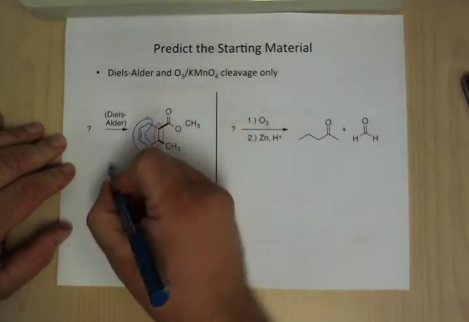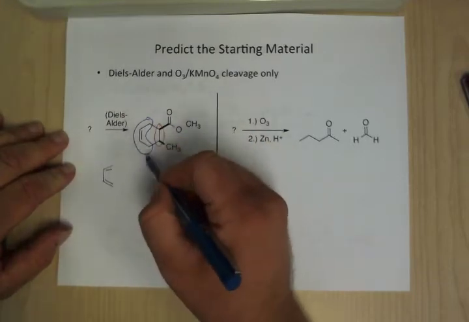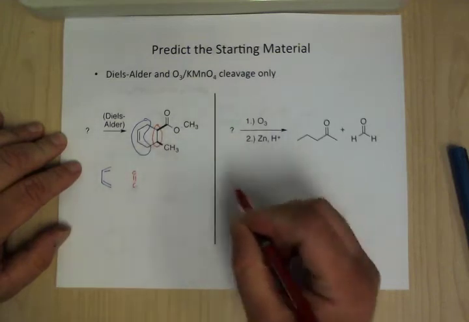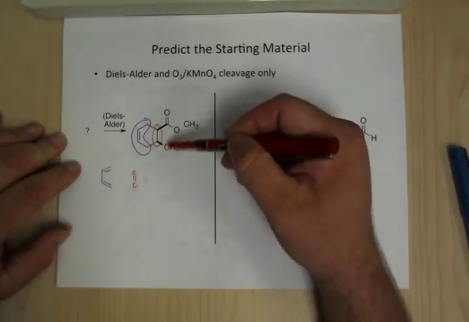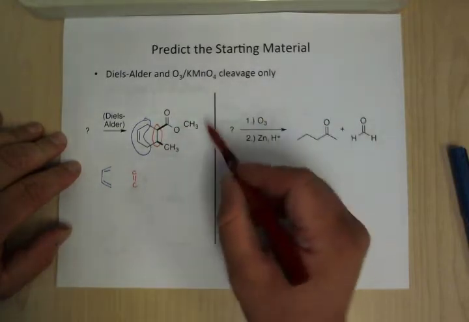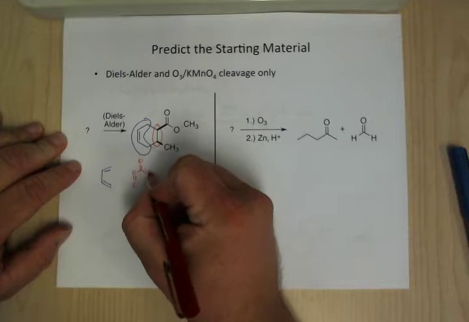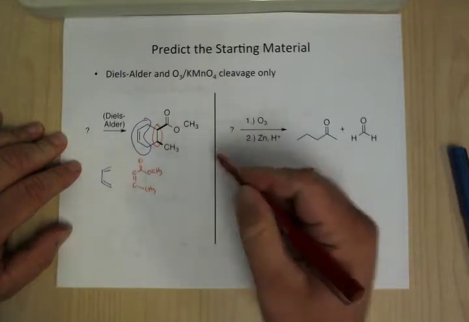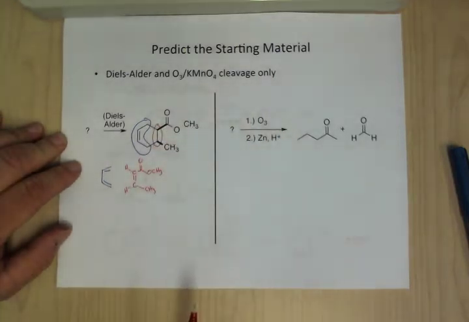The diene just looks like this, there's nothing hanging off of it. The dienophile is a double bond. But notice how these groups are both on wedges, so that means they're going to be hanging off on the same side of the alkene. So it ends up looking like CH3. And if you want to put in the hydrogens, that's fine, so there'd be hydrogens on the other side.